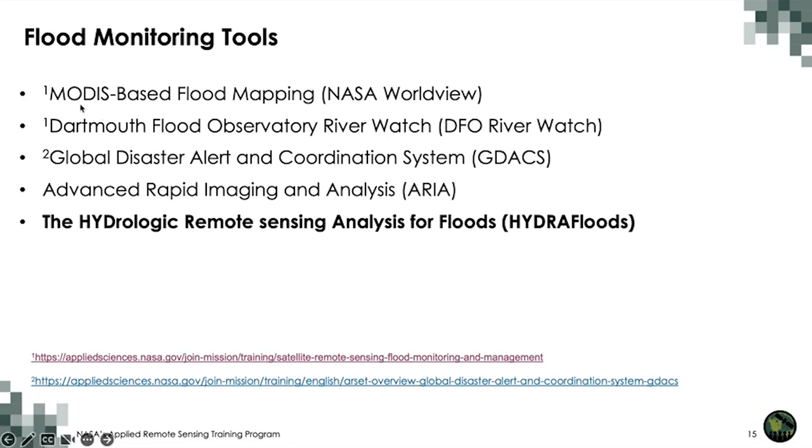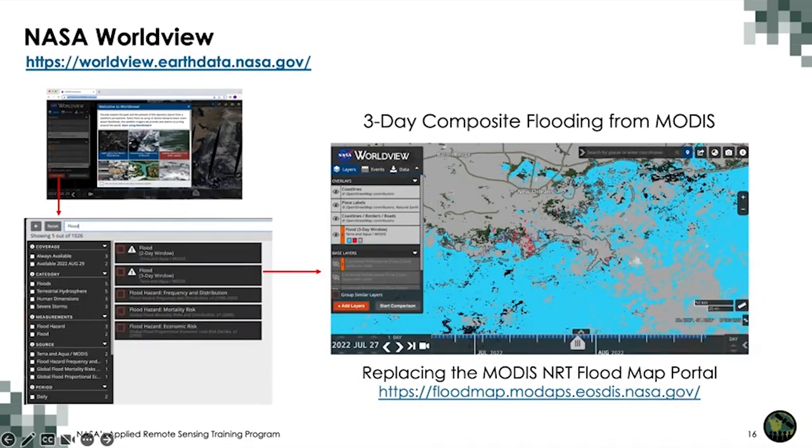So let us first visit MODIS-based flood mapping. Earlier, we used this website for looking at MODIS-based flood maps. This site is no longer working. All the near real-time or current flooding data are available from NASA Worldview. If you want to look at past flooding events, starting from 2002 onwards to about 2021, you can still use this site, but there is a better visualization in NASA Worldview.